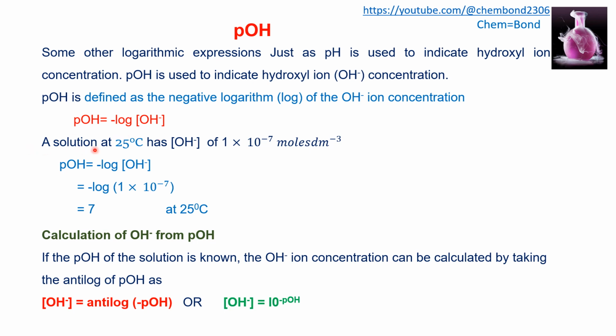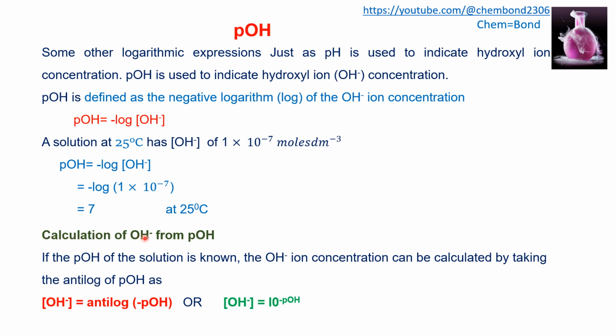Now a solution at 25 degrees C has a hydroxide ion concentration equal to 10 to the power minus 7 molar, or moles per dm cube. Now find the pOH, that is equal to minus log of hydroxide ion. So minus log of 10 to the power minus 7 results in 7. So 7 is the pOH of the solution at 25 degrees C.